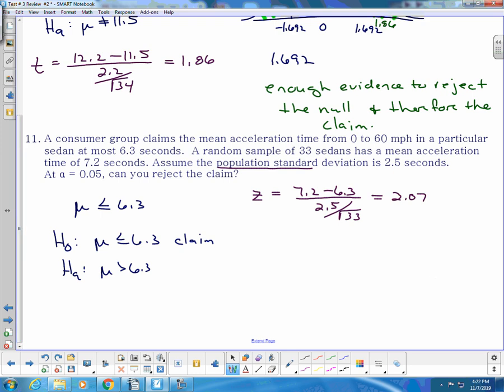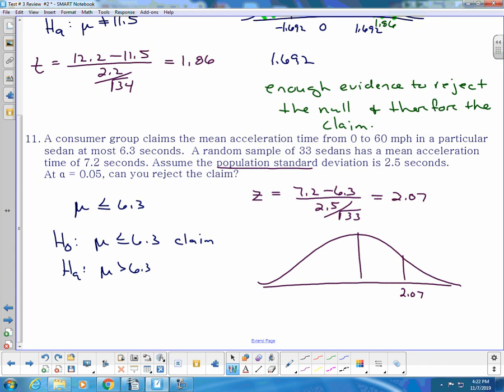So again, I like to do it by the curve. Doesn't really matter whichever way you want to do it. So I am at a z-score of 2.07. Where is my critical value? So the critical value is, the significance level is at 0.05, and we are going greater than. So you have to go to 0.95, which is 1.96.